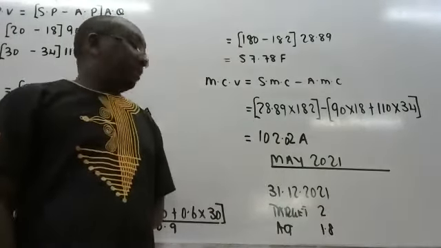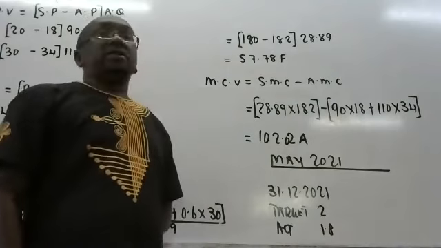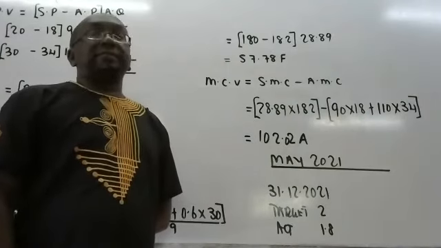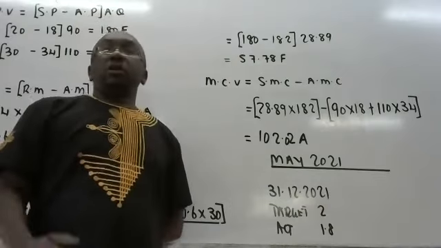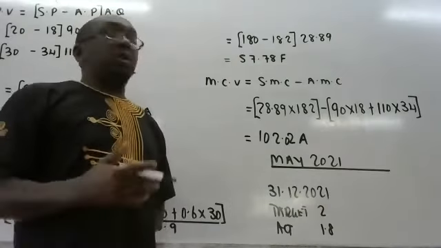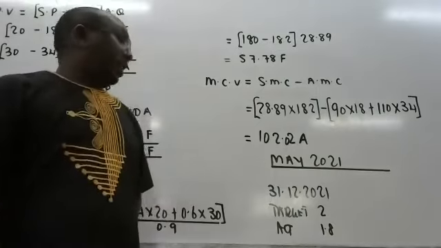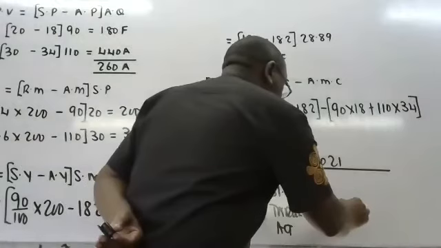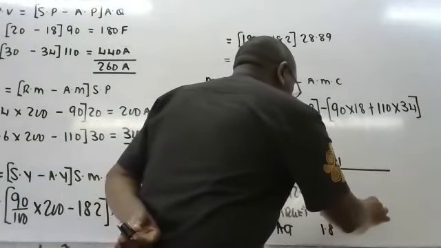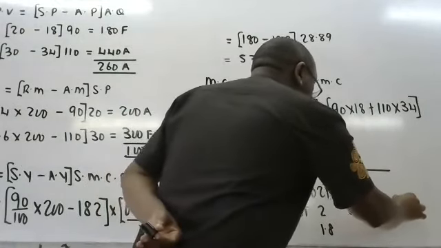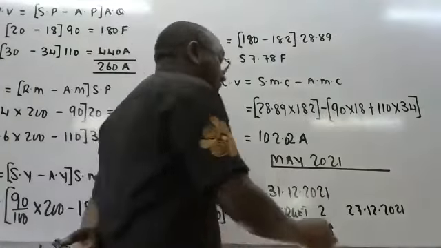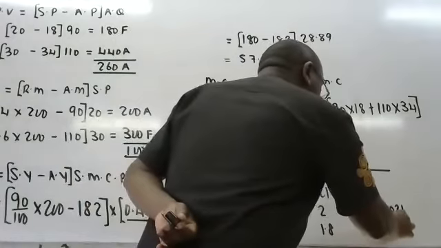So as the manager, you have a deficit of 0.2, and you don't want to be found on the deficit side. So what do you do? You call one of your customers who is a regular customer, around 27th of December 2021, and you tell them to take some goods worth 0.4 million.